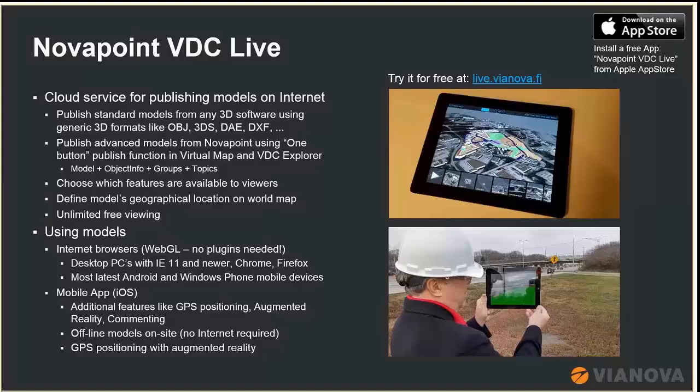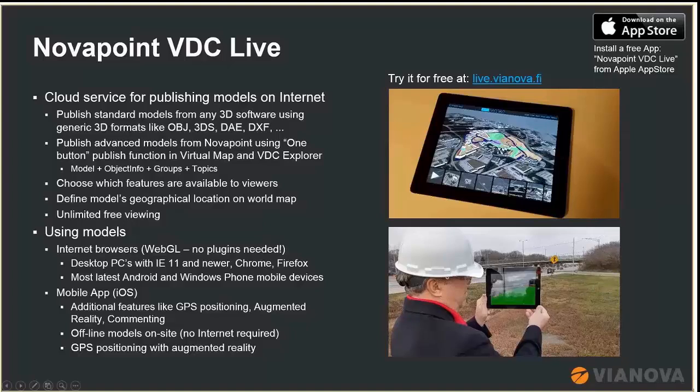It has two main functionalities. You can either use the model with the internet browser, or you can use the mobile application, which is now available for Apple. This mobile application adds some additional features like augmented reality, as you see in the picture at the bottom.